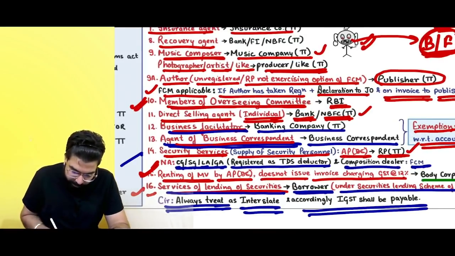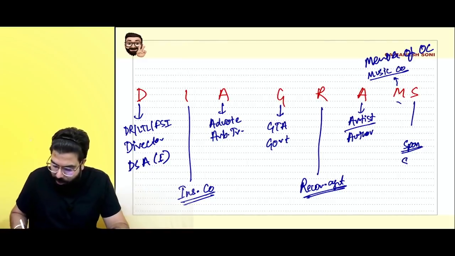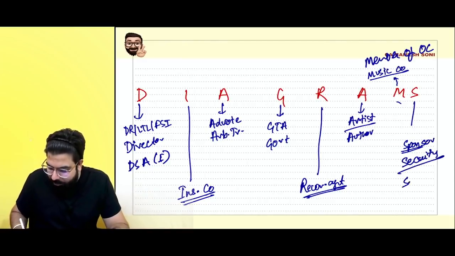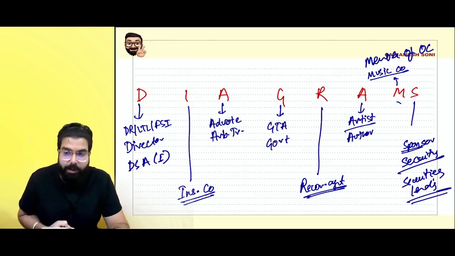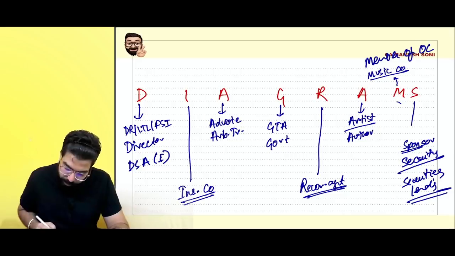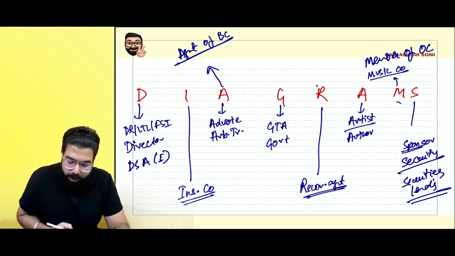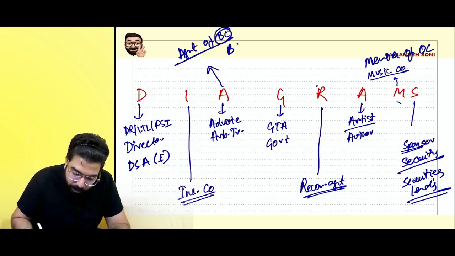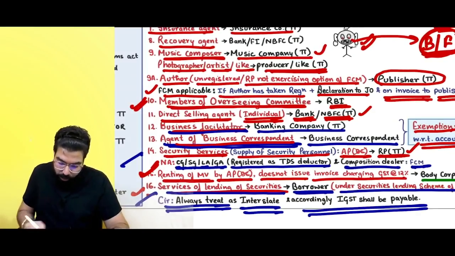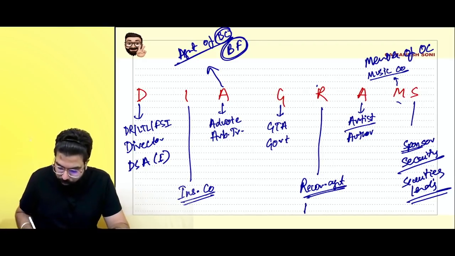Security services, securities lending, security sponsorship services, securities lending also done. Then we have A for agent of business correspondent, remember, and when you remember business correspondent, you will remember business facilitator also. And R for renting of motor vehicle. Yes, sir, point is clear.